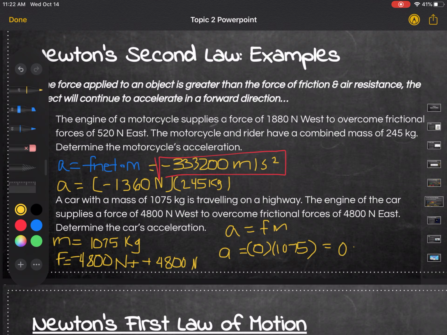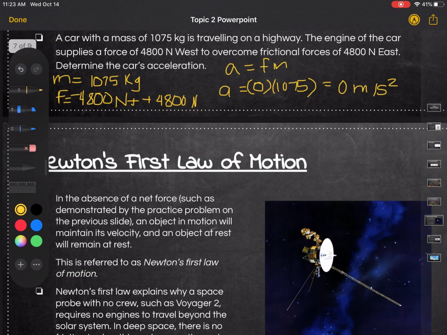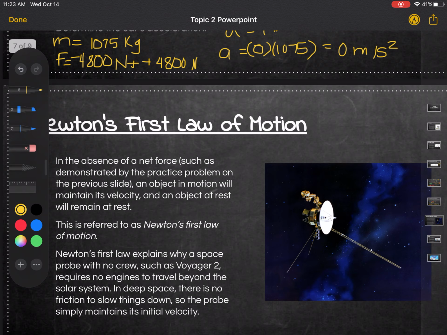So our acceleration is 0 meters per second squared. Okay. So the forces, or the F net, is basically equal to 0 because there's the same force acting on each side of it, which means it's not accelerating. Okay. So it's going at a constant speed.